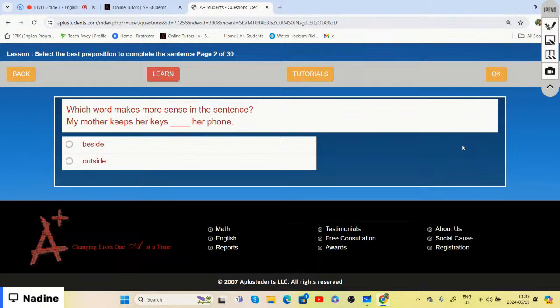And we said my mother keeps her keys. Does my mother keep her keys beside her phone or outside of her phone?